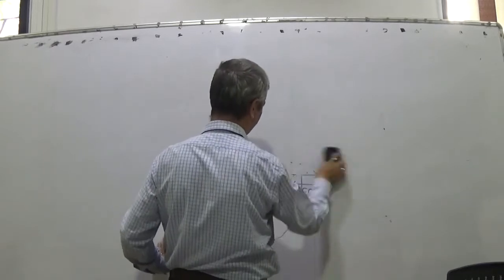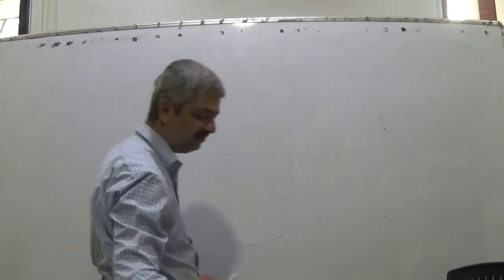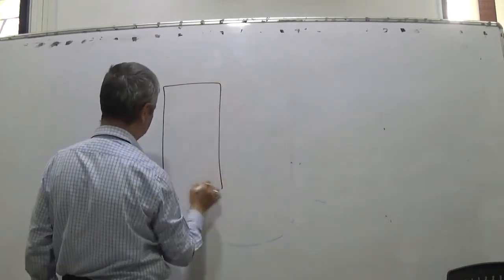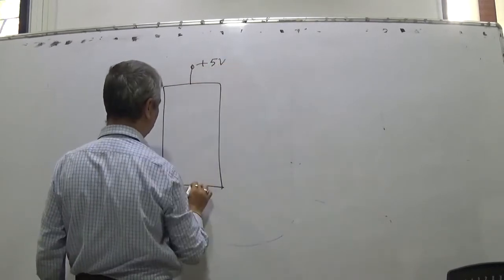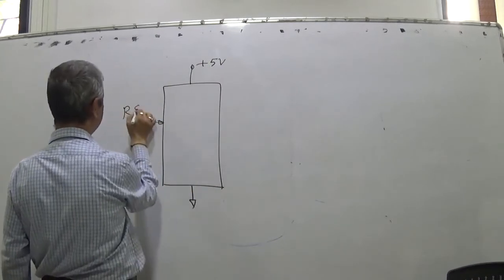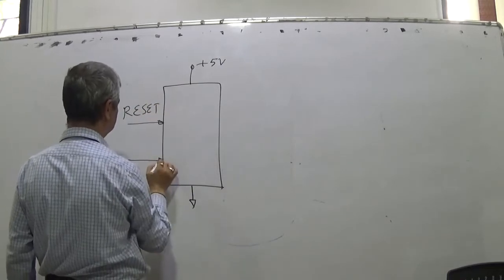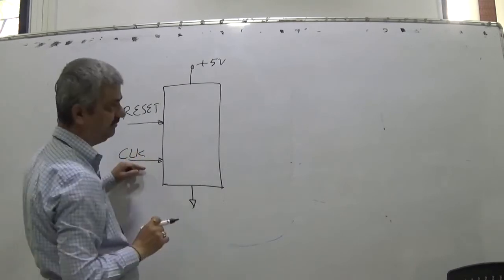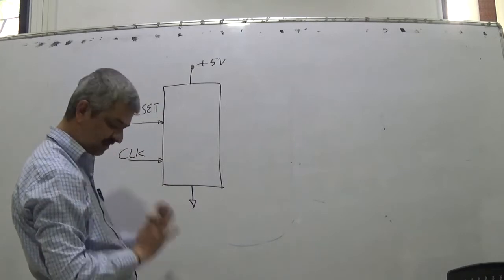We can think of a CPU and memory combination, obviously plus 5 volt and ground, reset, and this clock is to be given externally, let us say for the time being.